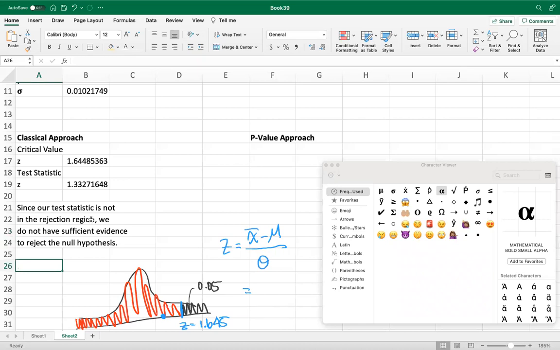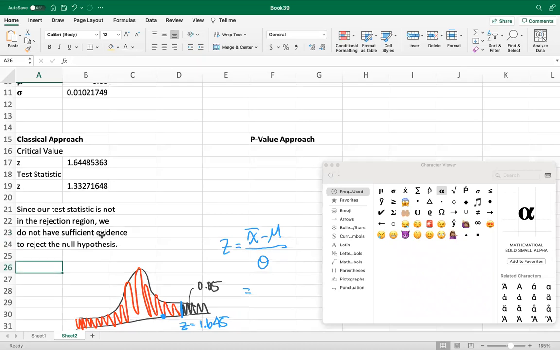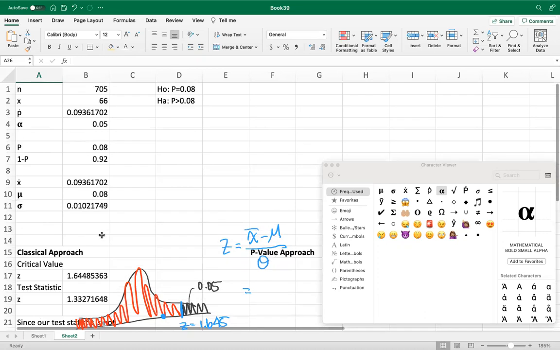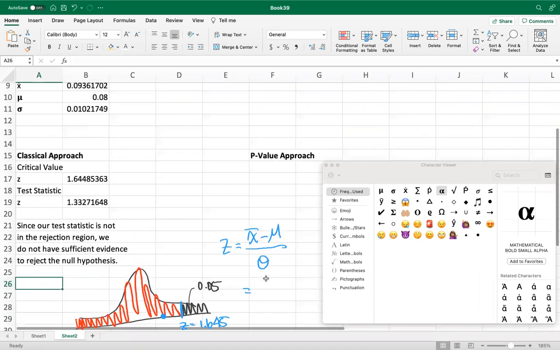So we do not have enough evidence at the alpha equaling 0.05 level of significance to reject anything. All right, so since we didn't have data here, we should get the same values over here with the p-value approach. But let's see if we get anything different.